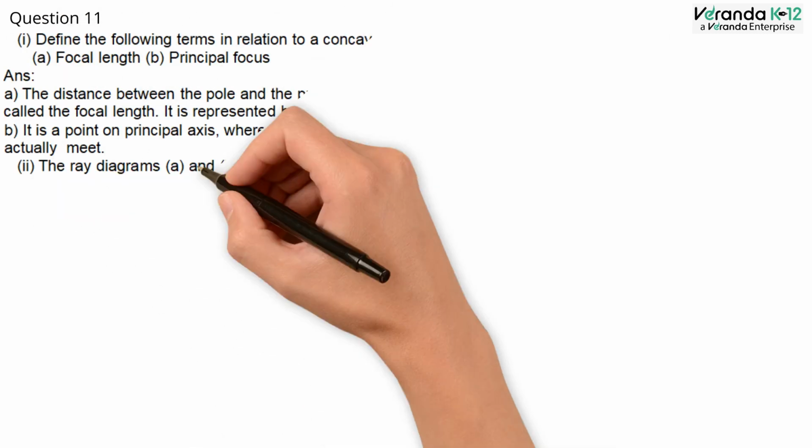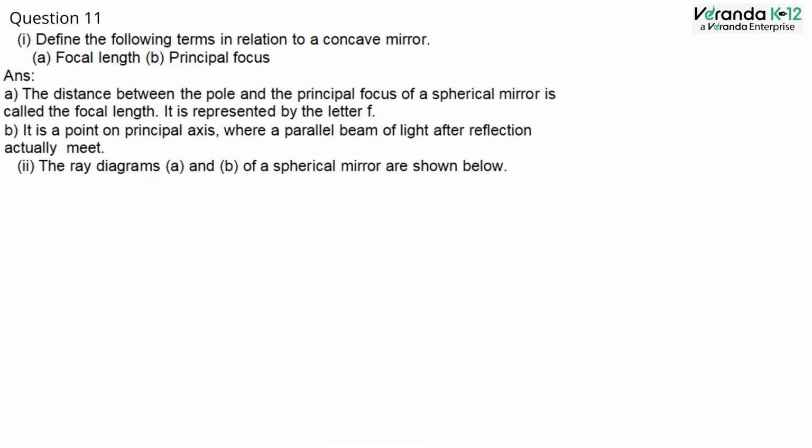Question number 11. Subdivision question 1. Define the following terms in relation to a concave mirror. Question A, focal length. Question B, principal focus. Answer.